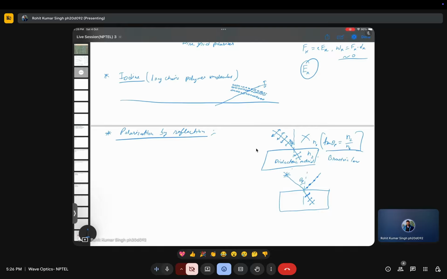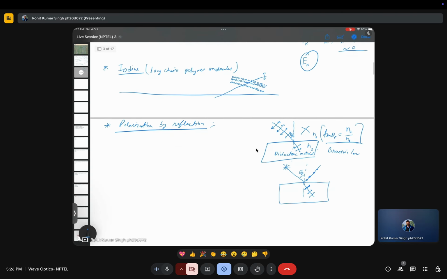So I'm not going into much detail of this. I think this is not in the scope of this lecture. But you can study more details on this. But remember this formula, okay?